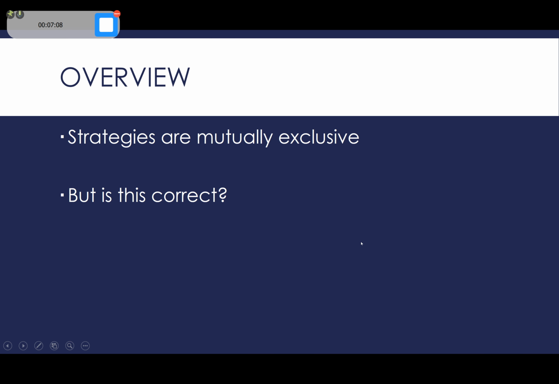Generally speaking, it's thought by Michael Porter that the strategies are mutually exclusive. You either take a cost leadership focus, or you take a differentiation focus. That you can't do both.